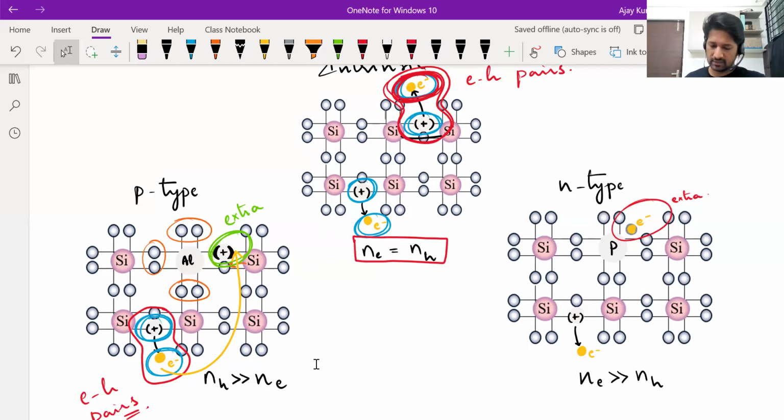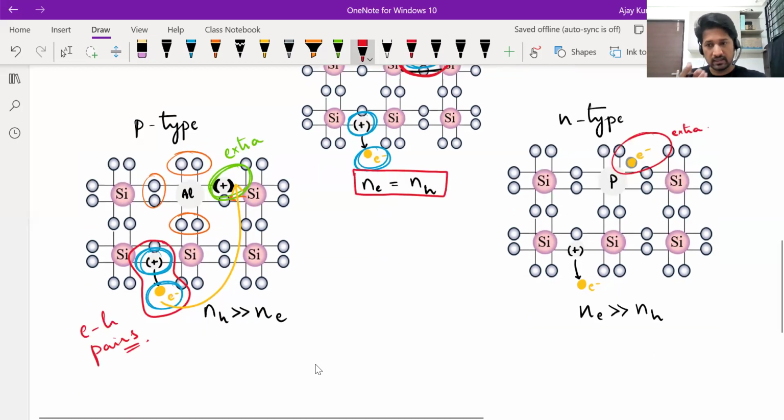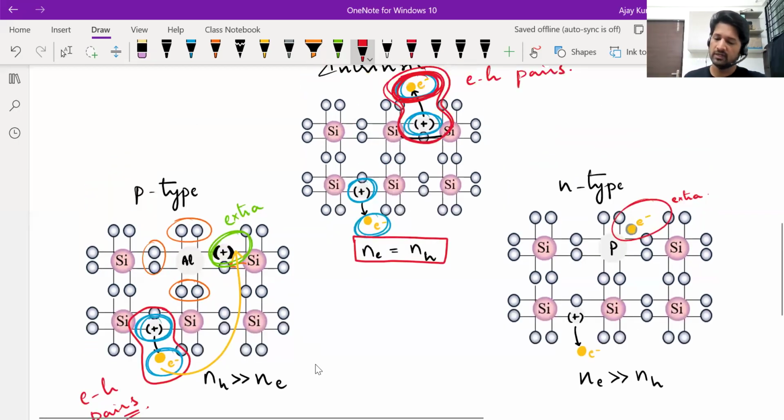So the conduction electrons, which are intrinsically formed, can go and fill these holes which are extrinsically formed, or which are formed by the impurity. As a result, the conduction electron concentration will decrease compared to the intrinsic one. Intrinsically some electron hole pairs get created, but those electrons will go and settle down in the newly created holes. So the electron concentration will decrease and the hole concentration will dominate.